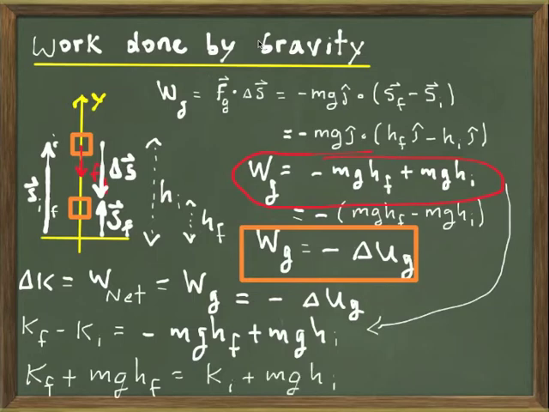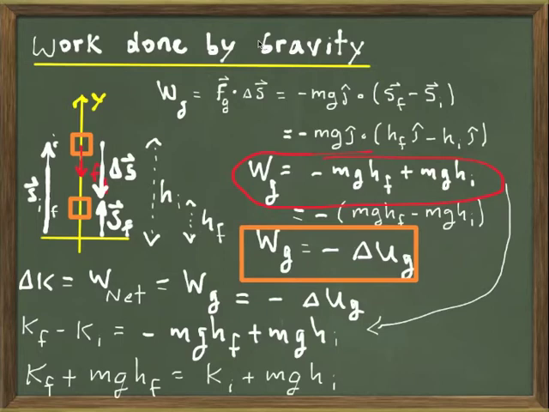So what do we get? We get a very familiar equation, which tells you that the kinetic energy plus the potential energy at this point should be equal to the kinetic energy plus the potential energy at that point, right? Which is what you already knew, and you would expect that to happen, okay?